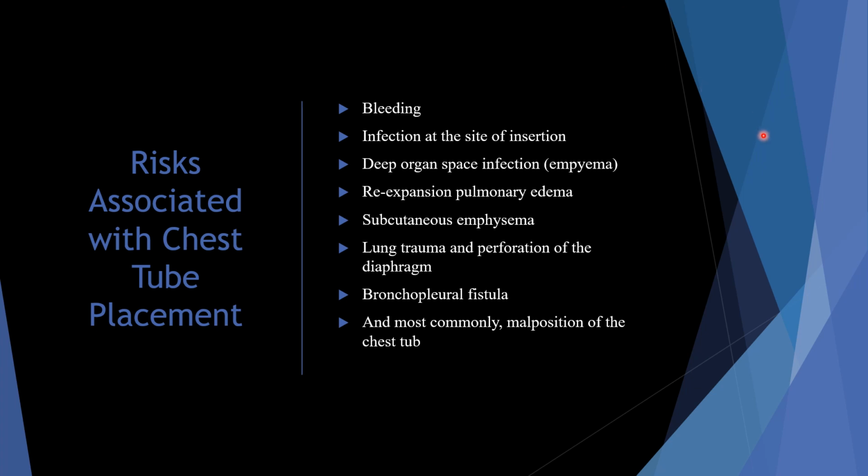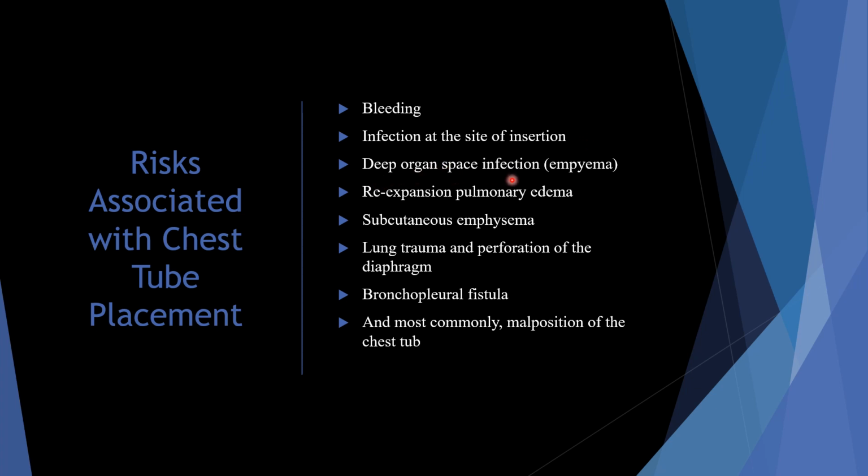So what are some of the risks associated with placing a chest tube? Well, bleeding. We just talked about bleeding. Not only from coagulopathy, but then again, you can clip one of those veins or arteries during the insertion, causing bleeding into that chest, and that's a complication. You can have local site infections at the insertion site, and you can also have a deep organ space infection, okay?